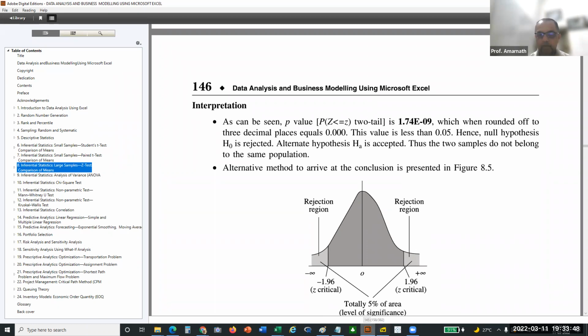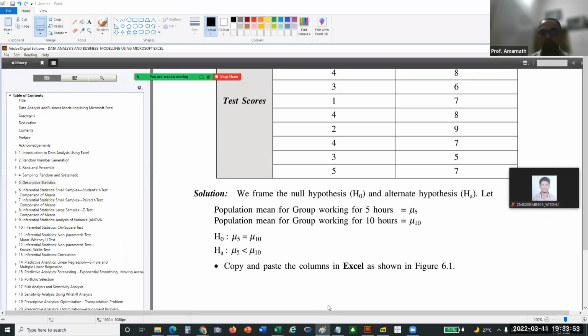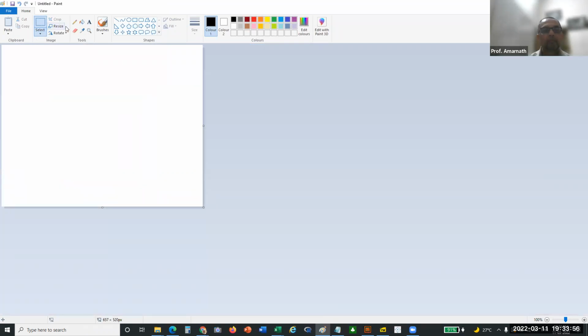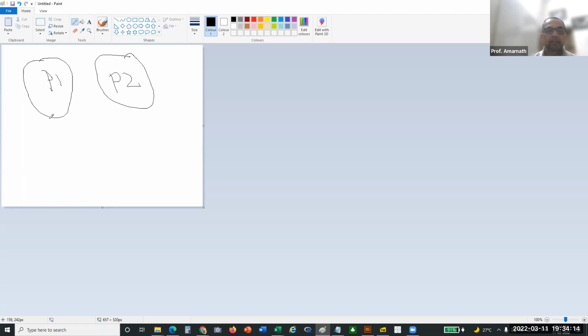So, if I have to explain it: one population P1, another population P2. A small sample from this one and a sample from that one.